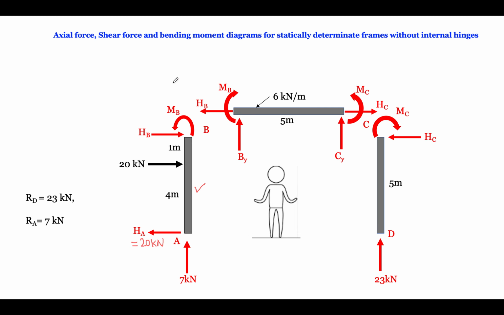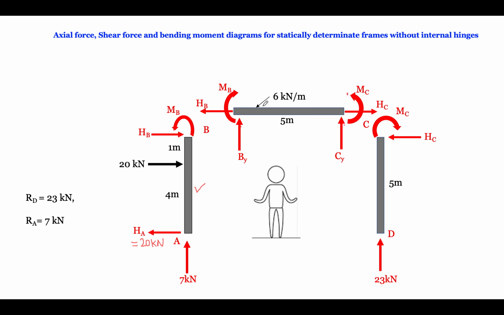Because I have drawn it like this, if this is anti-clockwise, I can draw the opposite direction. I will draw the clockwise, because finally at this point I don't know what the moment is and there should be a balance. If this is in this direction, I will assume it in this direction.